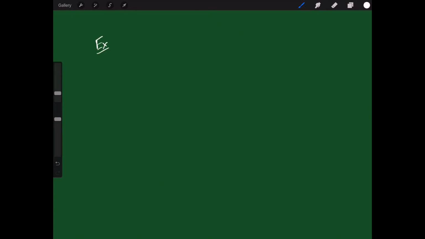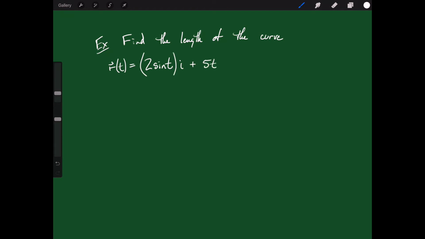So an example, let's find the length of the curve r of t is equal to, let's say we have 2 sine t in the i direction plus 5t in the j direction plus 2 cosine of t in the k direction.